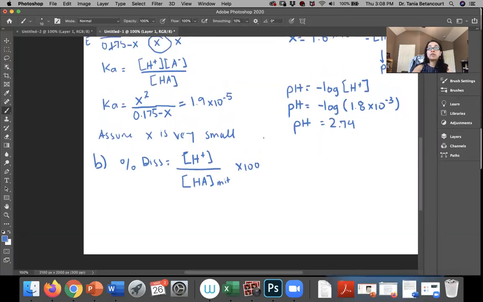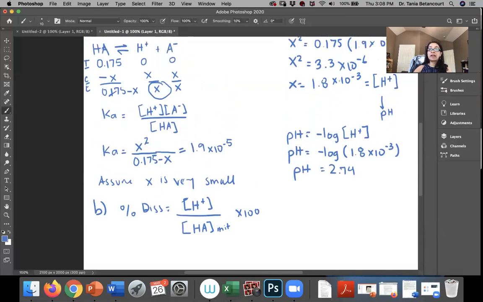Of course, we already found the hydrogen concentration at equilibrium. That was the 1.8 times 10 to the negative 3, which was equal to x.